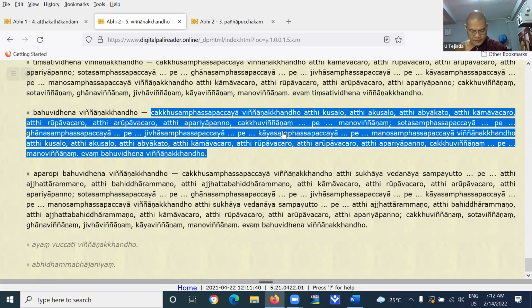You see? In the other khanda, the Chakkhu Samphassaja is placed as the last. But here, they are not placed as the last. They are placed at the end of each samphassa. Chakkhu Samphassa Paccaya Vijnana Khando: atthi kusala, atthi akusala, atthi abyakata, atthi kamavacaro, atthi rupavacaro, atthi arupavacaro, atthi apariyapanno.